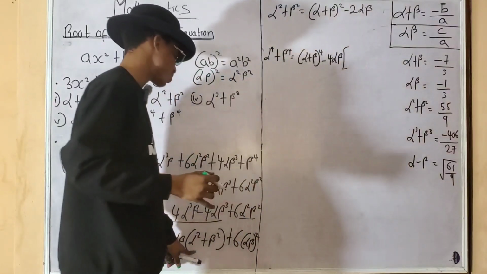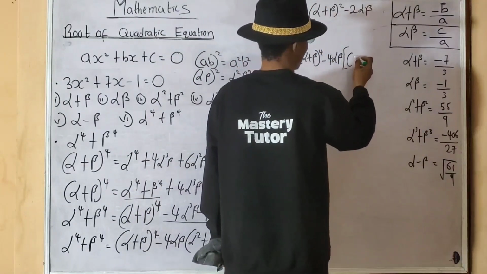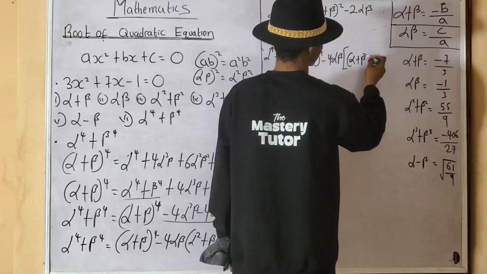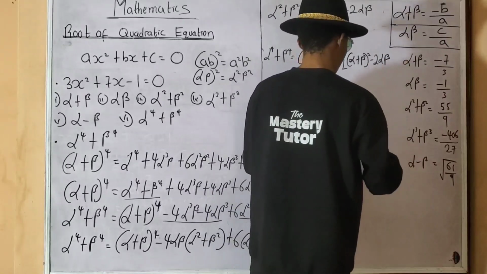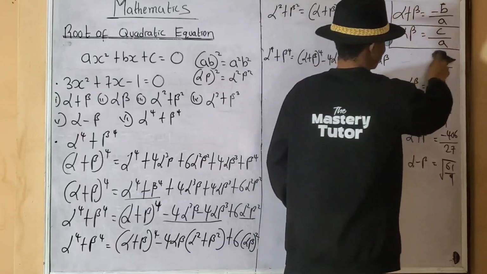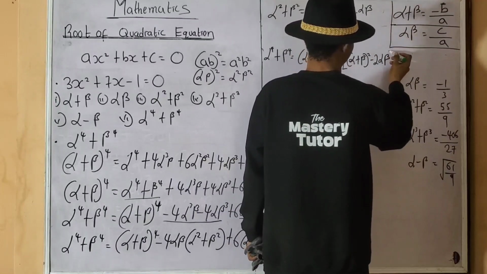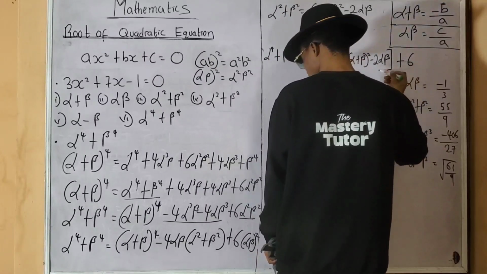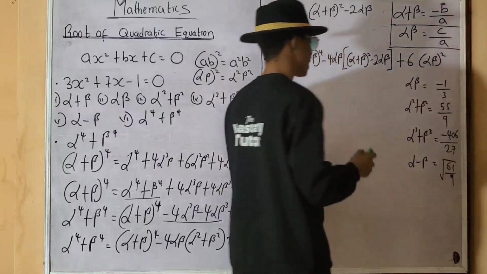Now, instead of alpha squared plus beta squared, I'm going to replace that with alpha plus beta squared minus 2 alpha beta, close the bracket, plus 6 alpha beta squared. Do you understand it?